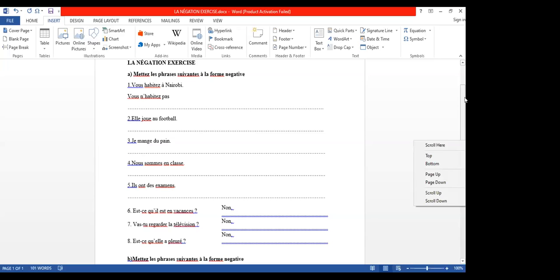Numéro 3. Je mange du pain. What is the verb in the sentence? Collins Njuguna, tell us the verb and please negate it. Tell us which one is the verb in this sentence and negate it.